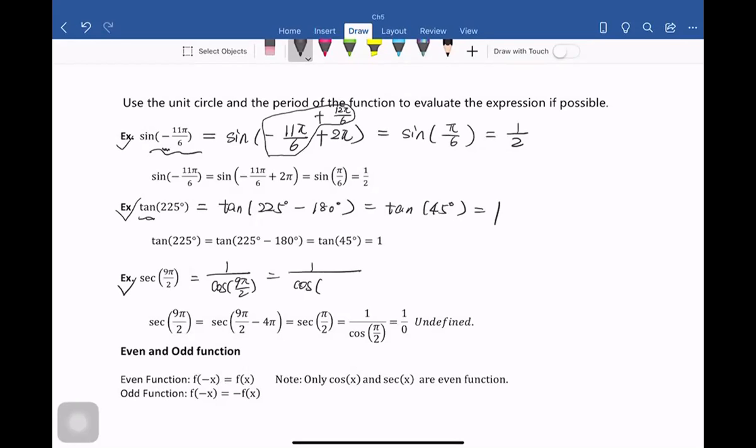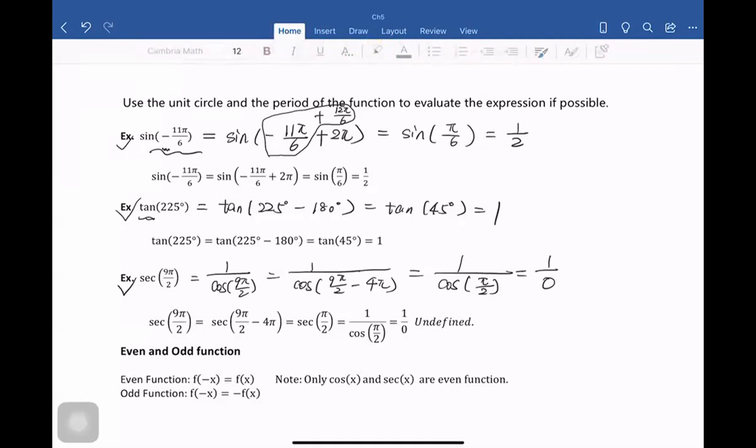So 9 pi over 2 subtract 4 pi, and 4 pi is 8 pi over 2, equals cosine of pi over 2. Cosine of pi over 2 is 0. 1 over 0 is undefined. So the answer for this one is undefined.